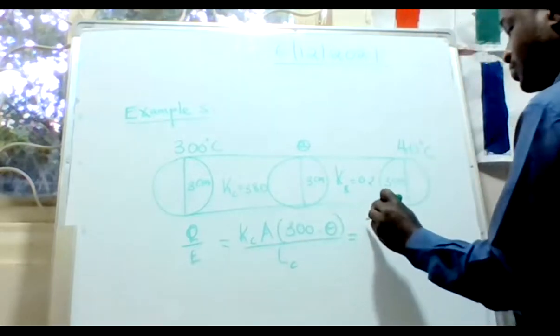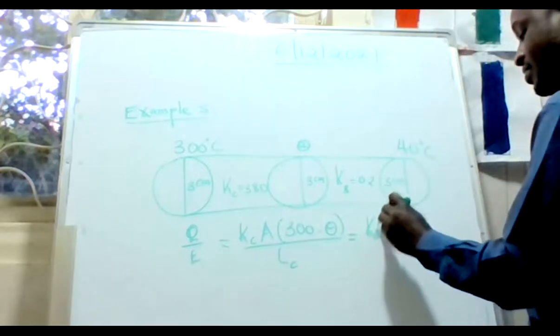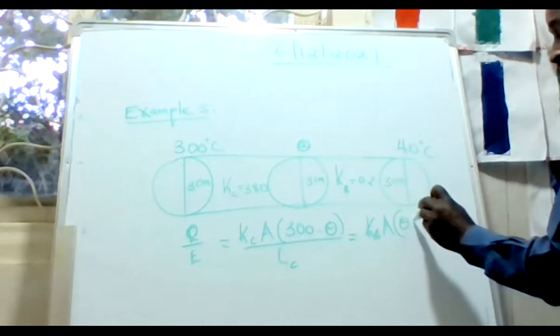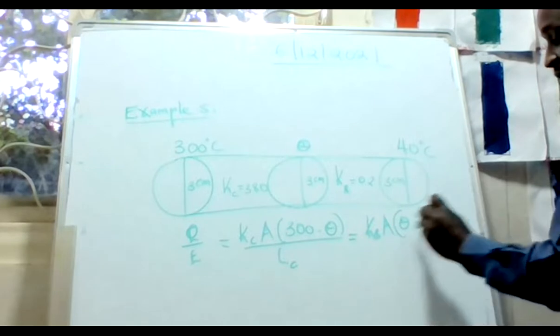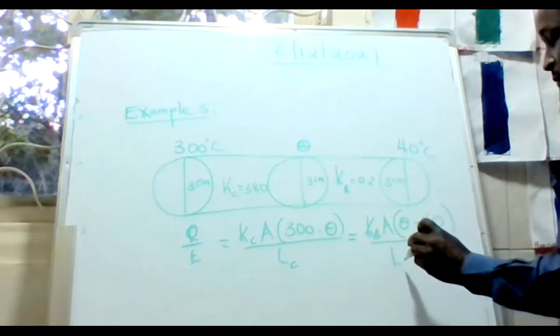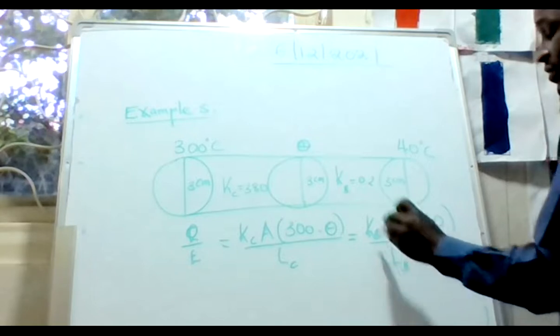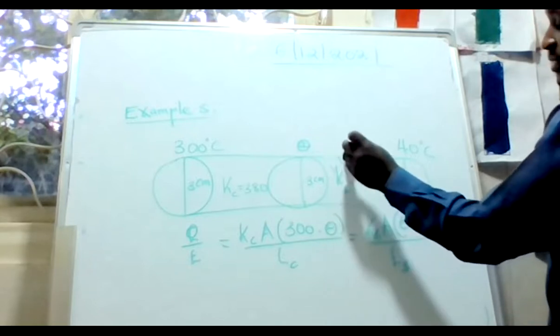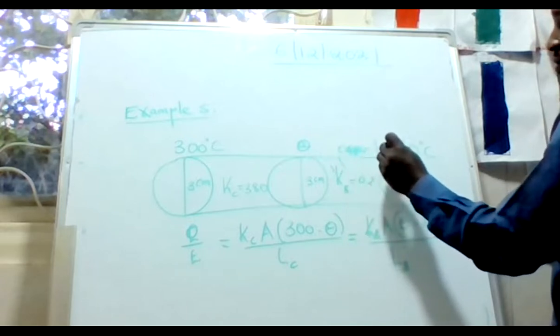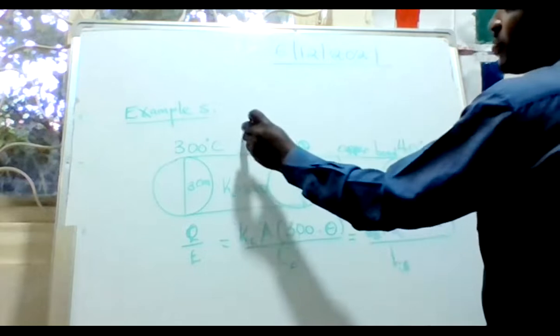This is again equal to K board, the area remains the same, times theta minus 40 divided by the length of the cardboard. From here, all this is copper, and from here, this is the cardboard.